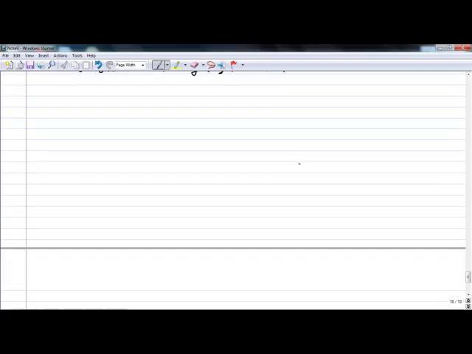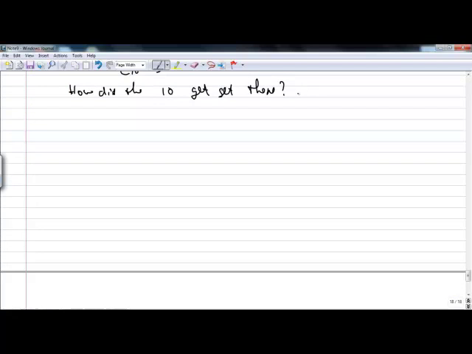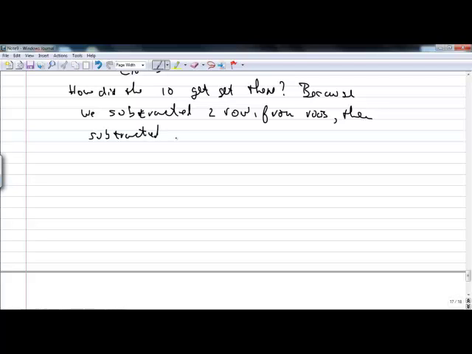So when we do it in the order, let's just say it got there because we subtracted twice row 1 from row 3, and then we subtracted 5 of the new row 2 from row 3.